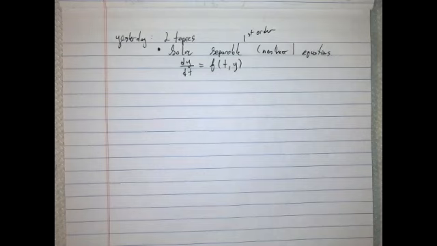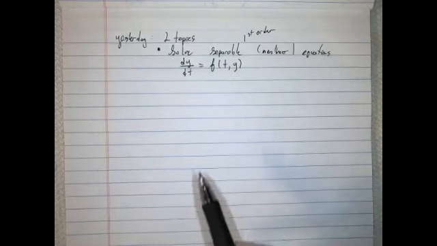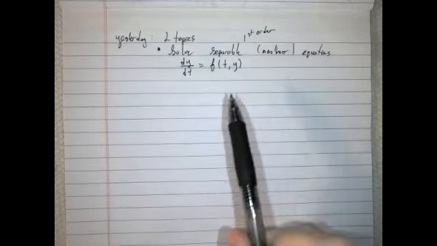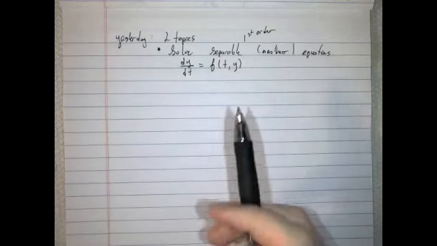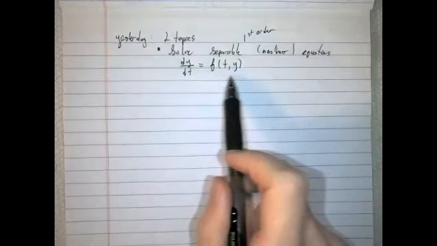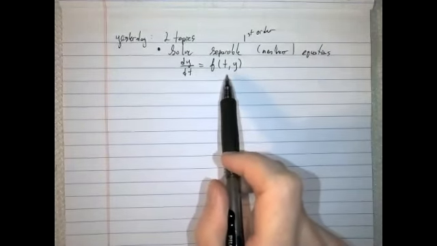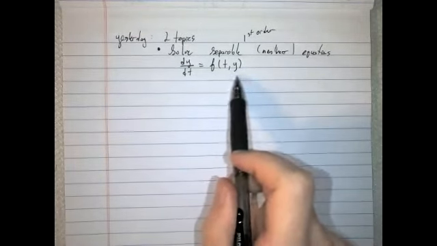So you can separate the function into one term with just one variable, and then another term with the other variable in the differential. Exactly, exactly.